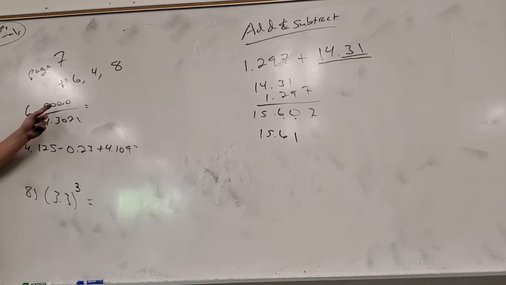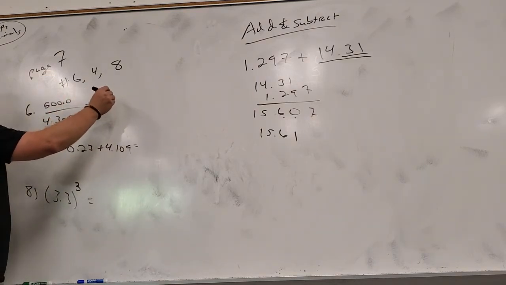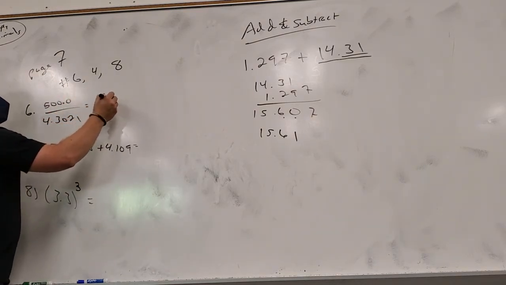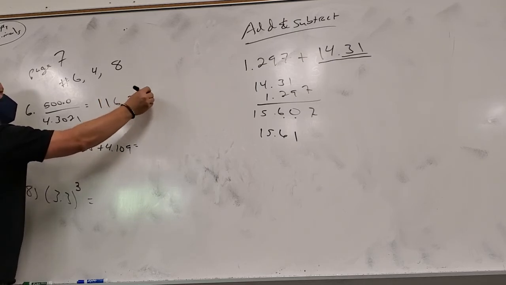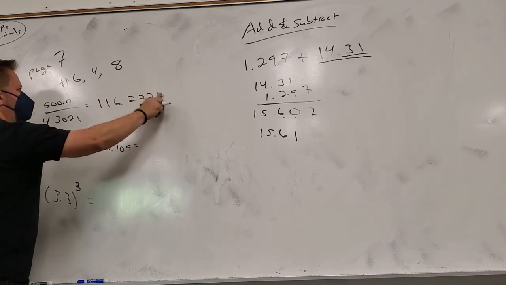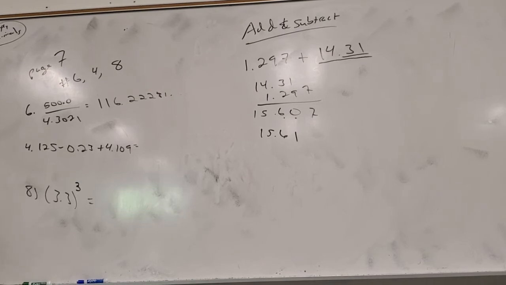What do you get when you do 500 divided by this? Now, we're dividing. So what rules the day? When you add and subtract, decimals rule the day.